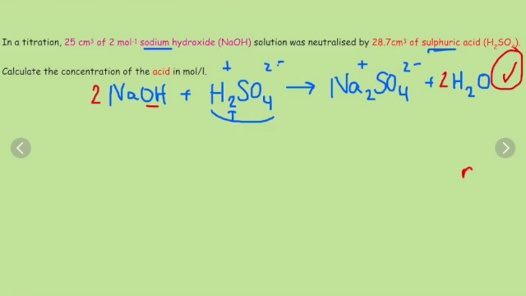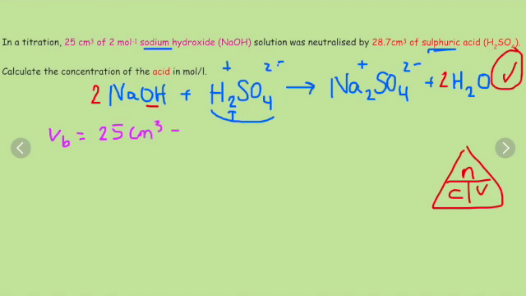I'm going to write the triangle. No carrots or veggies. So that's my triangle. And now I'm going to write everything that I have from the question. So we have a volume of the base of 25 centimeters cubed, which is 0.025 liters. And we have a concentration of the base of 2 moles per liter.